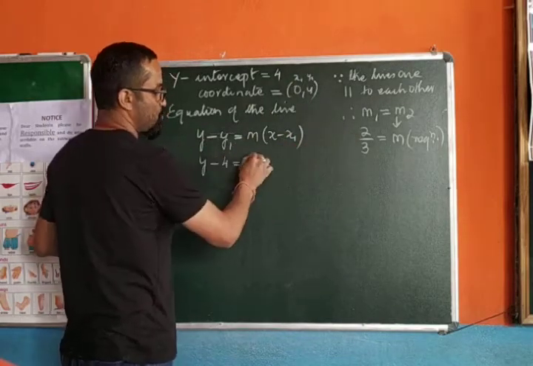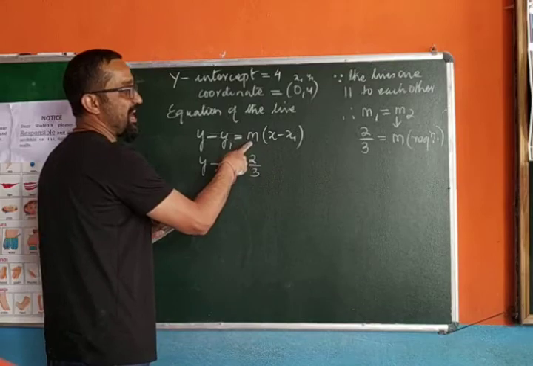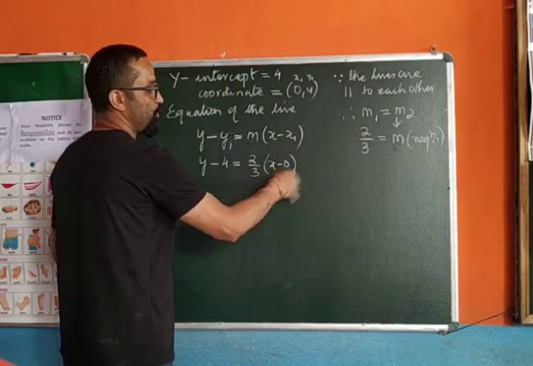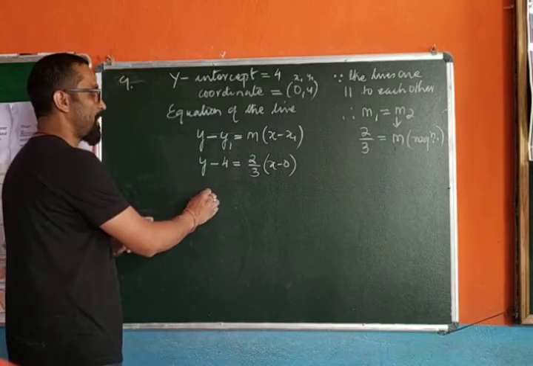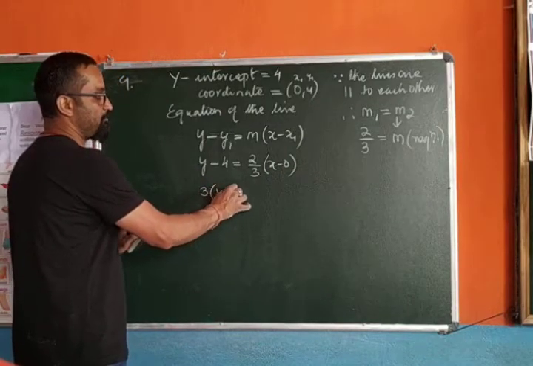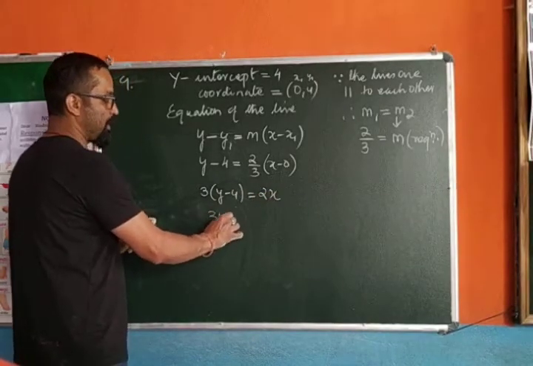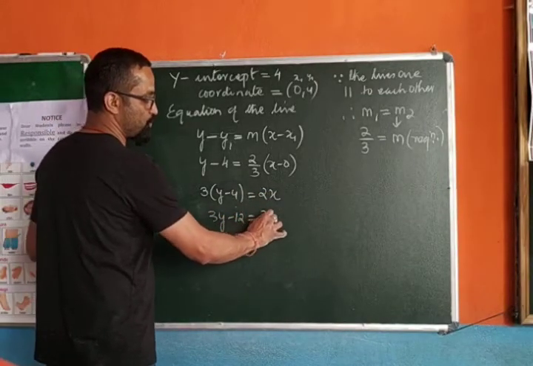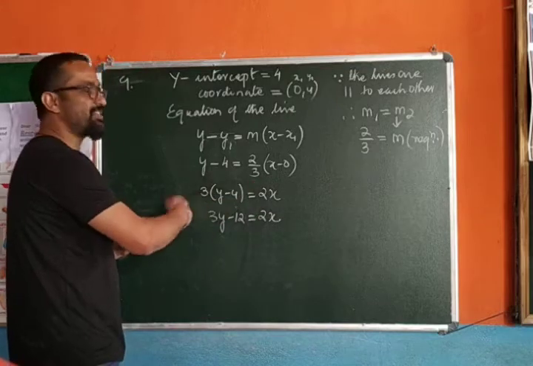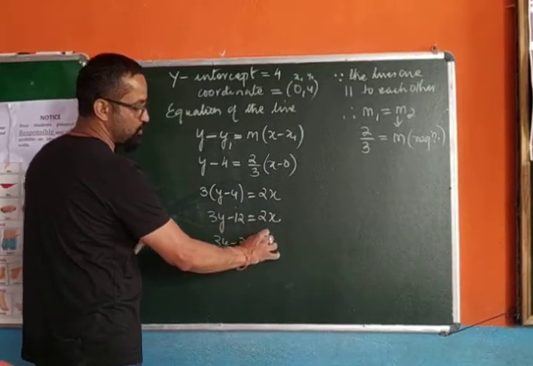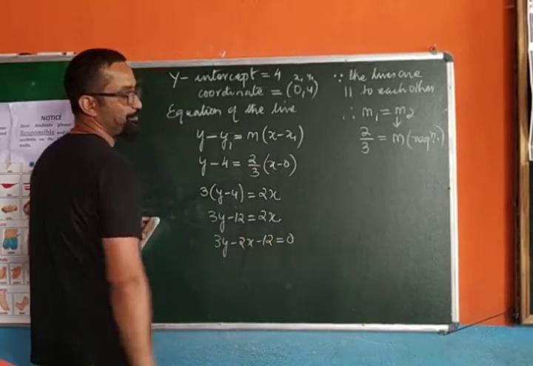Slope is 2 by 3. m stands for the required slope. x minus 0. Cross multiply. 3 multiplied by y minus 4 is equal to 2x. 3y minus 12 is equal to 2x. Arrange it either way: 3y minus 2x minus 12 equal to 0.